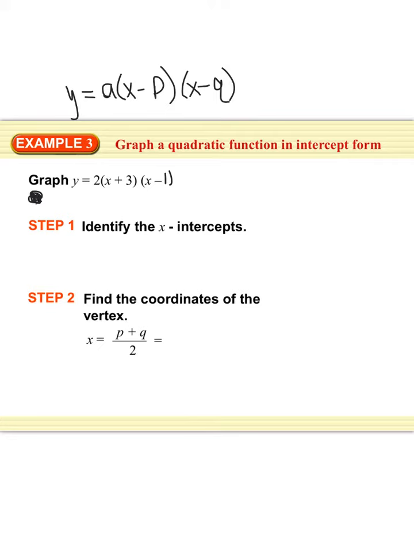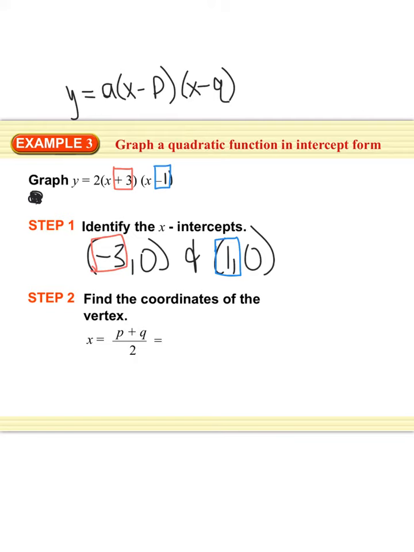So the first step in graphing these is to find the x-intercepts. And if we remember from the slide before, the x-intercepts are opposite p and opposite q. So we have an x-intercept at negative 3 and 1.